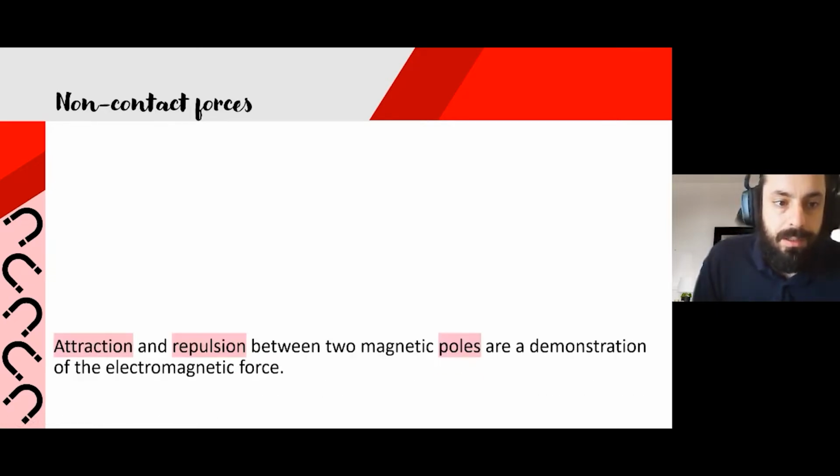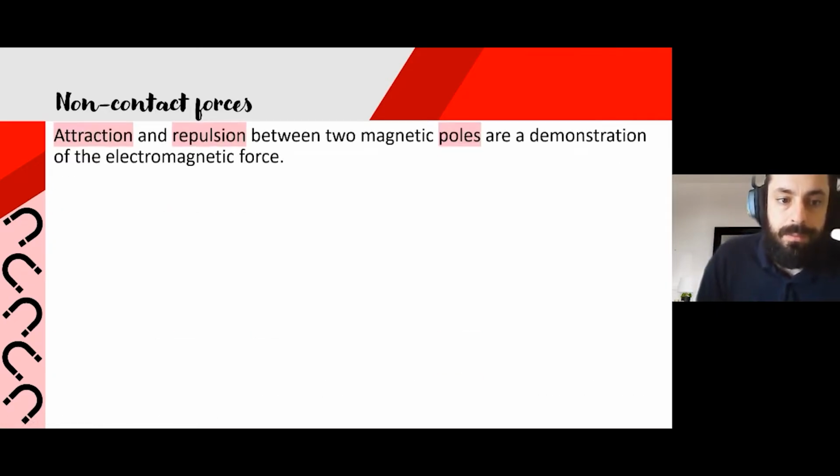Non-contact forces. Okay, so what do we mean with non-contact forces? If you bring the two magnets close to each other, we've got one magnet here with north and south, another magnet here with north and south.